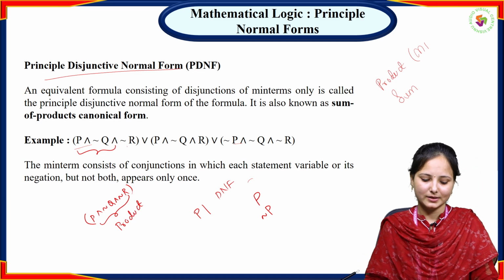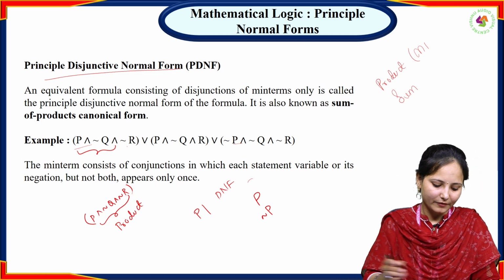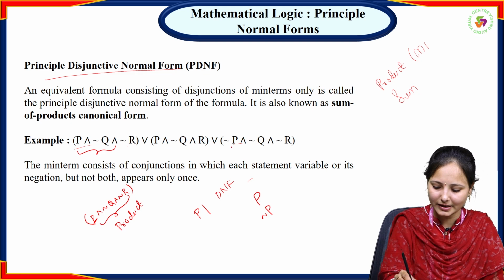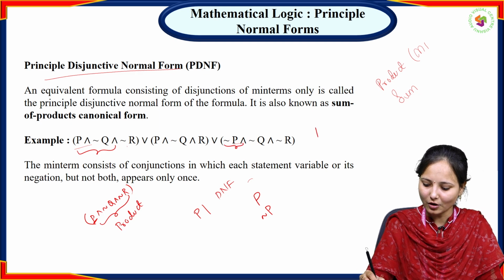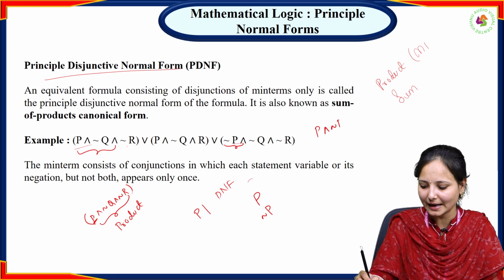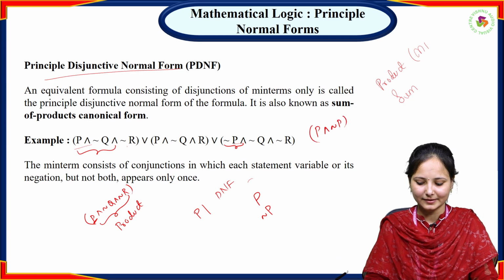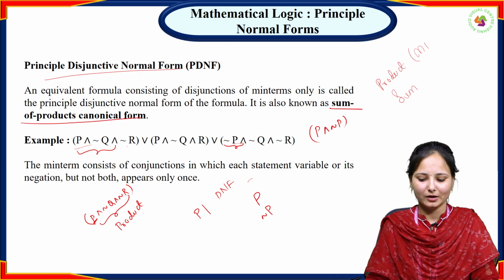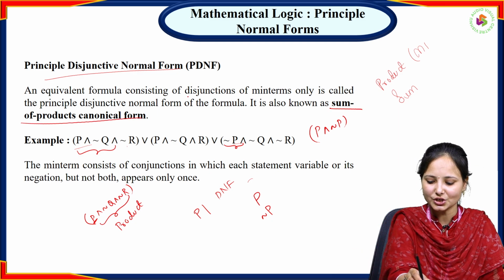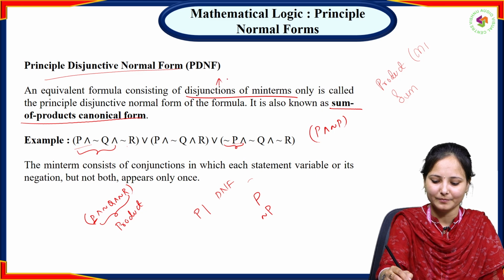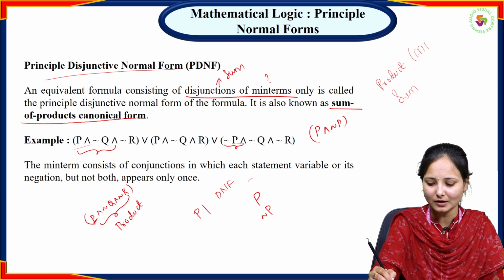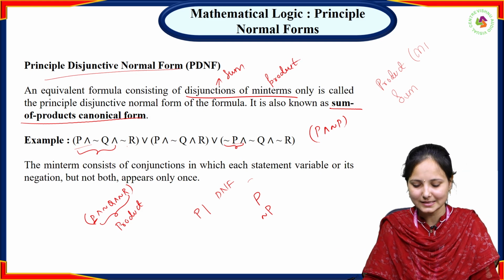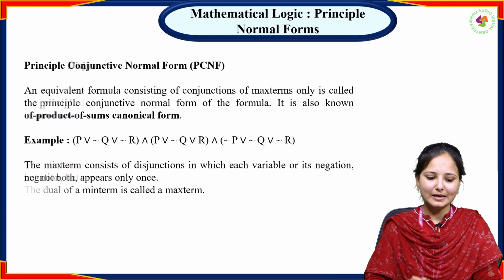A min term is a product. So in a min term we can have a statement or its negation. In another term we have negation of P, but we cannot have P and negation P at one place. That is a min term. So PDNF is a sum of products of canonical forms, or it is a disjunction of min terms. Disjunction is a sum of min terms. Min terms are products. Here this product should contain a statement or its negation, but not both.